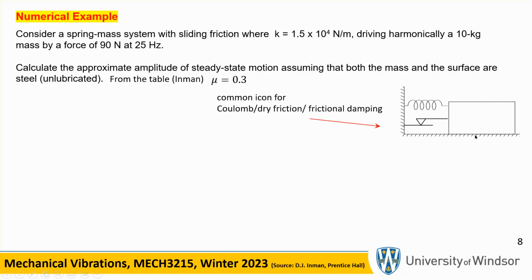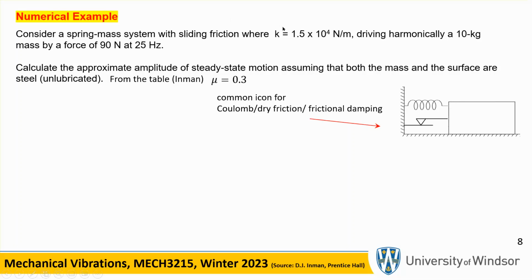However, we're going to turn it into a viscous damper by the stuff that we learned a minute ago. By the way, this is a common symbol to indicate that we have a dry friction. Now, of course, we're going to replace this with a viscous damper with that equivalent value, but this is the symbol for dry friction or frictional damping or Coulomb damping.